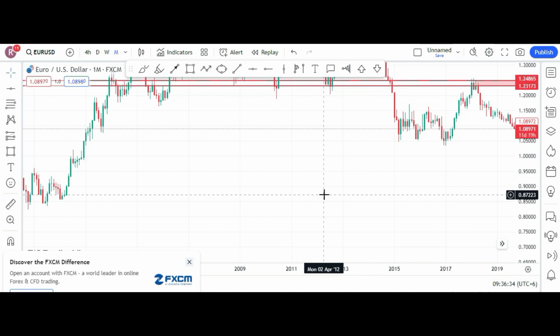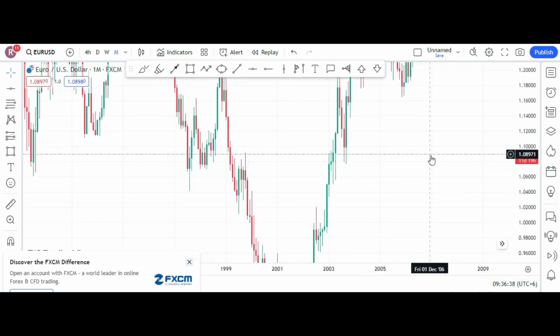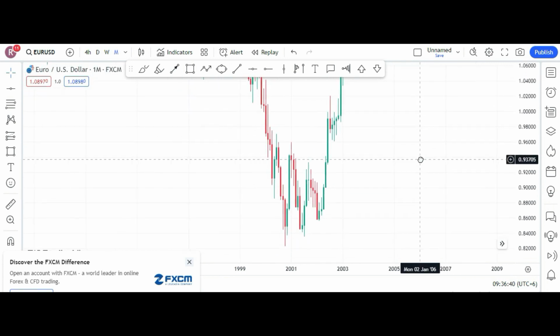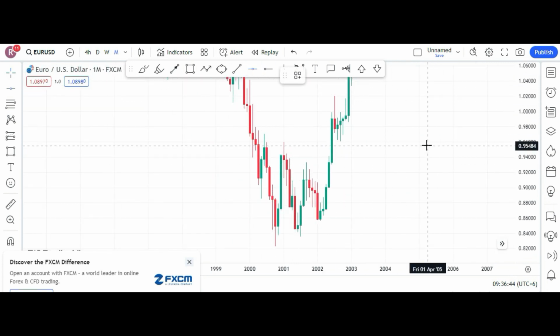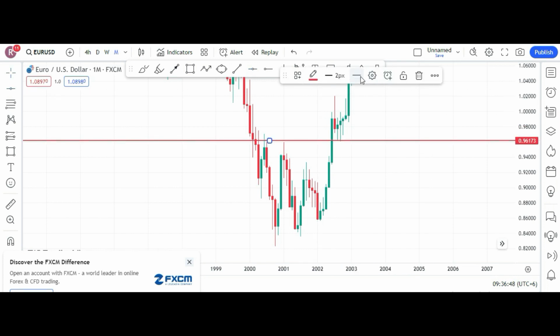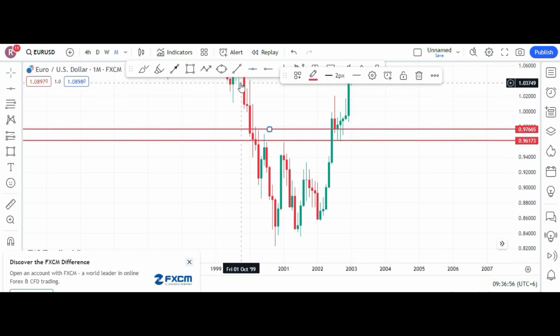So let's mark it properly. This is the place where we are interested now. This is where it stopped the bearish trend of the whole thing earlier. This is the zone.